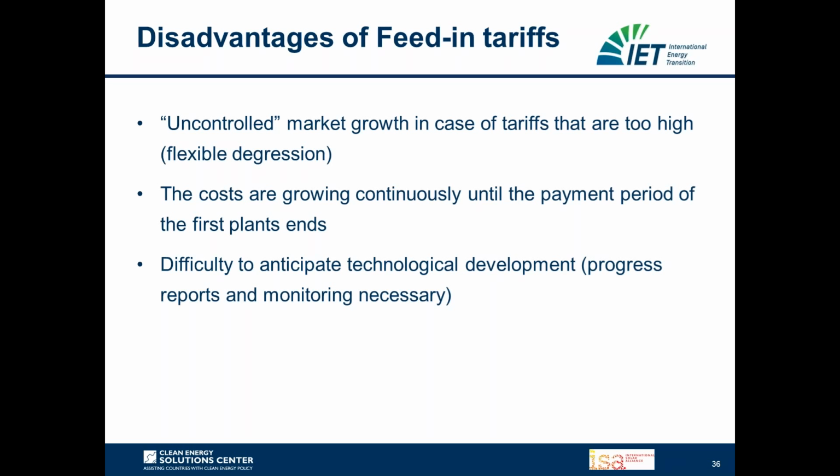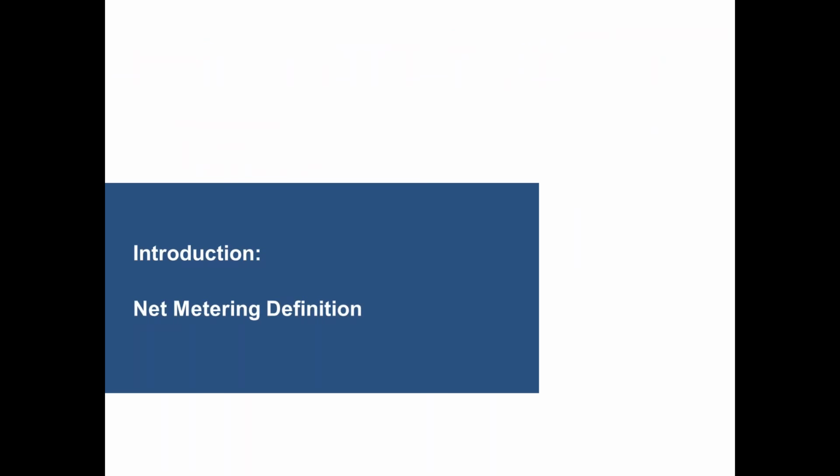No one has expected, for instance, 5 years ago, that the cost of solar PV would reduce by 80%. Maybe some analysts have said maybe it will go down by 20 or 30%, but 80% no one anticipated. And even on a year-by-year basis, it is rather difficult to anticipate the cost reductions in such a dynamic market environment.